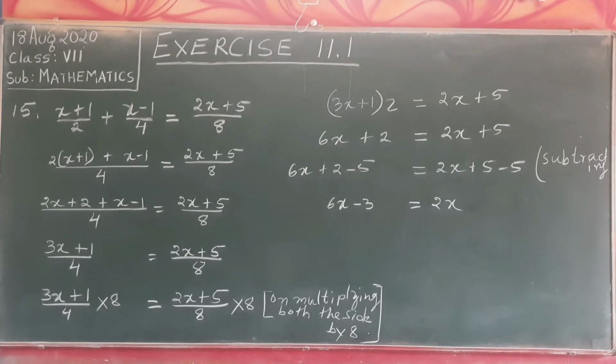And in the next step, 6x plus 2 minus 5 is equal to 2x plus 5 minus 5. Here we have to subtract 5 on both the sides, and we get in the next step 6x minus 3 is equal to 2x.